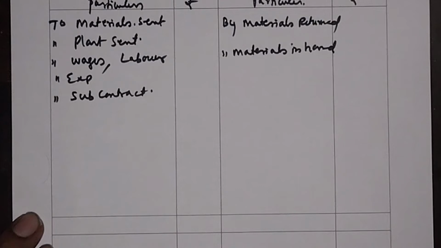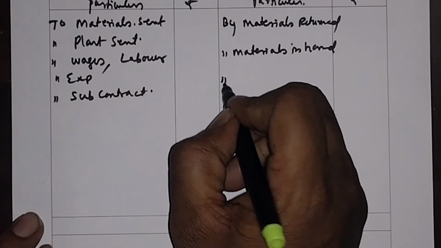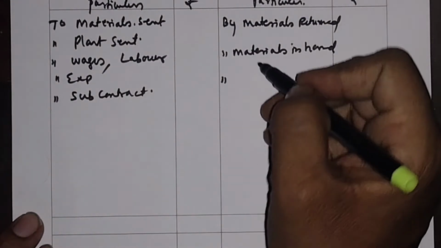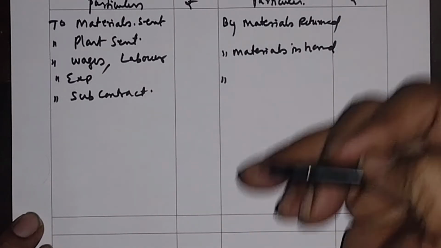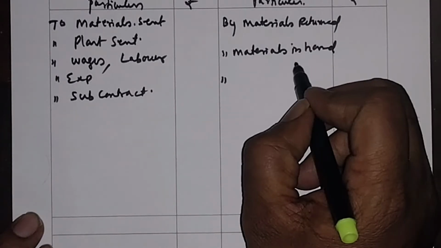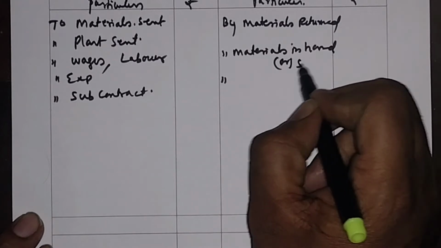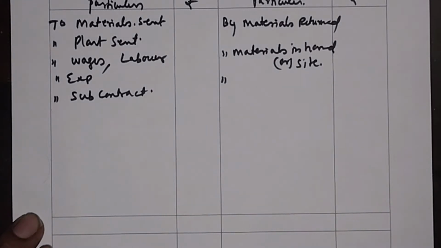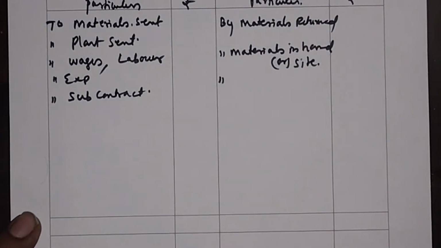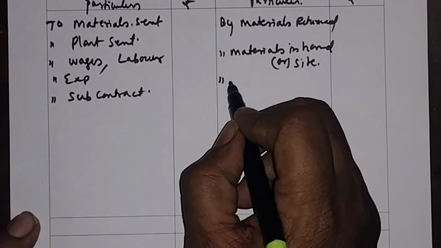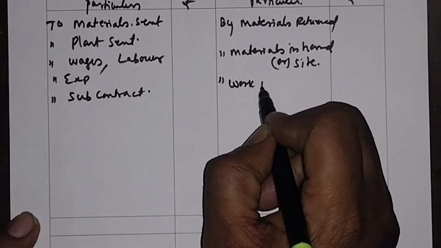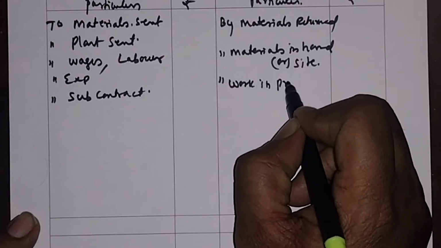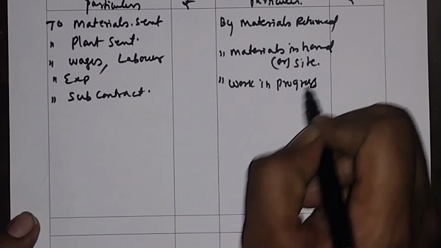And third is any other materials which are at the site, either in hand or on the site, that will appear. After this, the main one is work in progress.